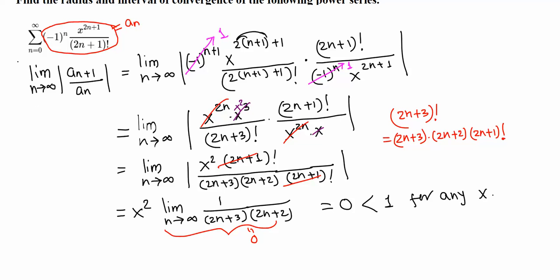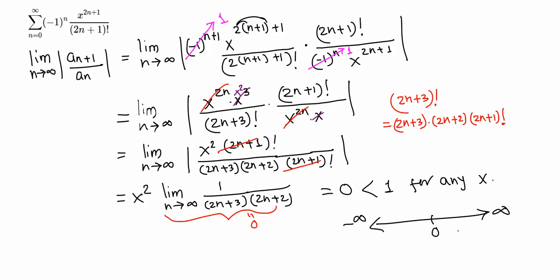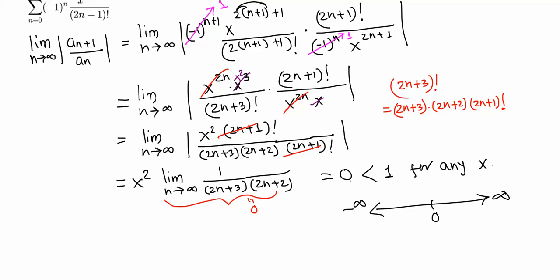That means this given power series converges for all x values. On the number line, that's negative infinity through positive infinity, and by the way, the center was 0 since there's nothing subtracted from x. The radius of convergence is infinity, and the interval of convergence is all the way from negative infinity through positive infinity, because we got the limit 0.